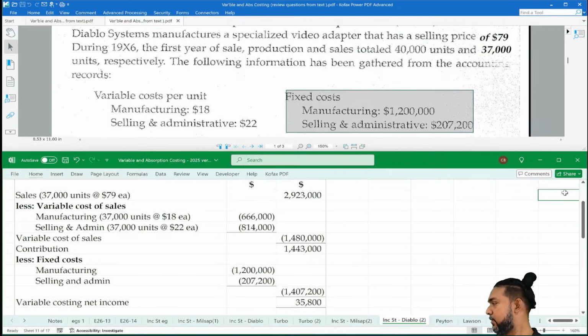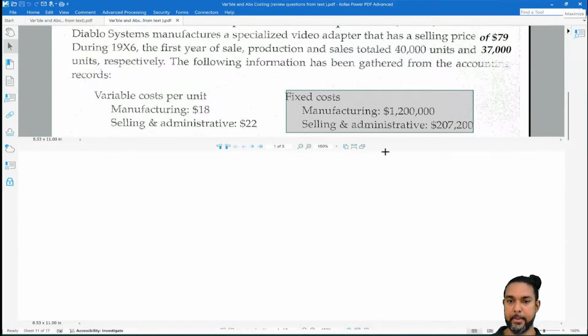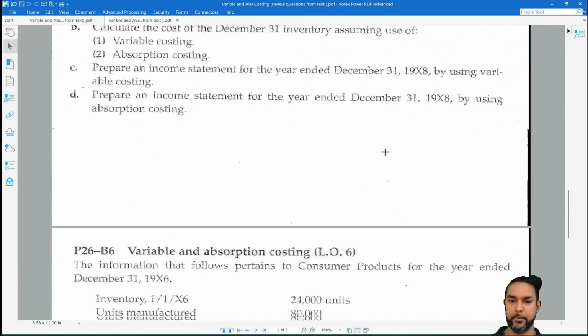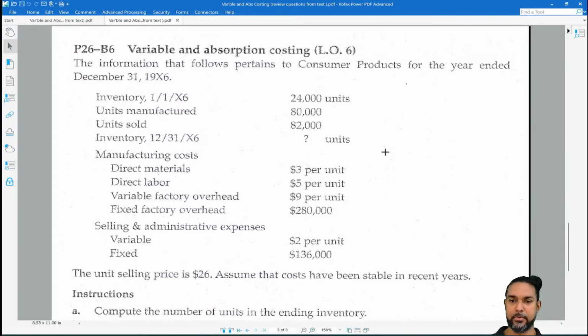All right. Okay, right. So there was one more question, and on this particular paper, which was not turbo, it was consumer products, right? So this one we could kind of do from scratch, like a whole thing. But I was thinking to show you all the reconciliation statement.